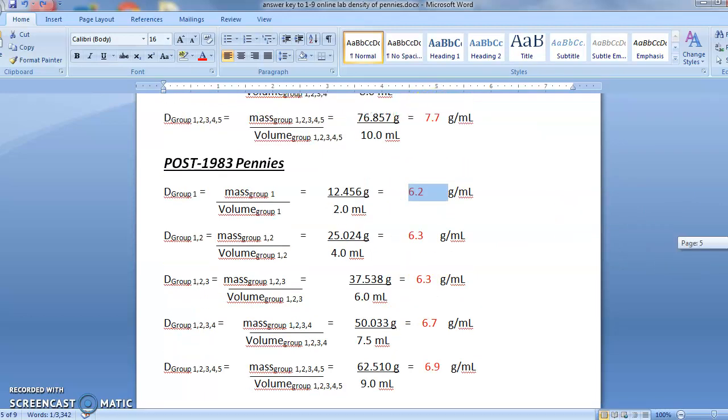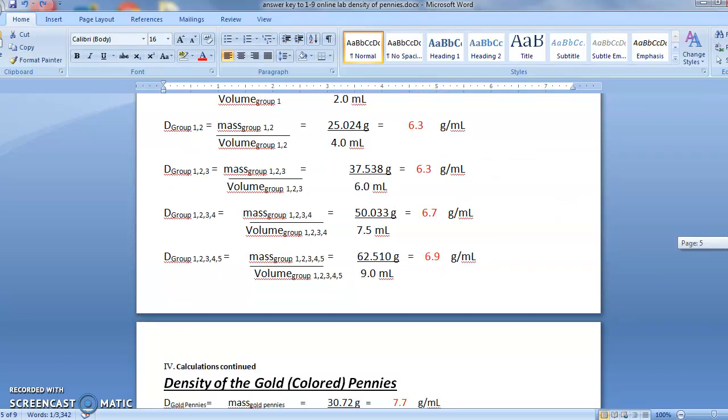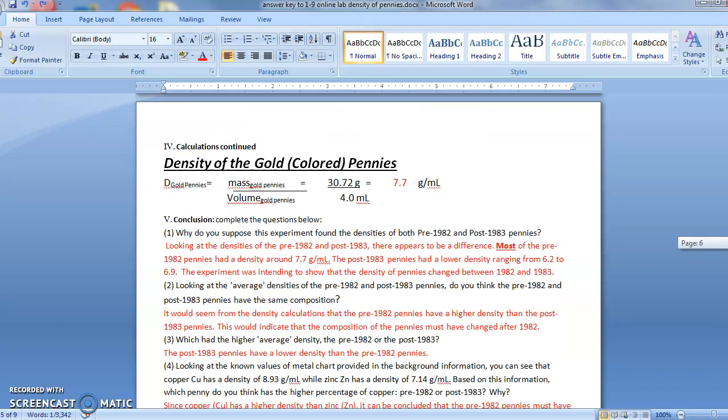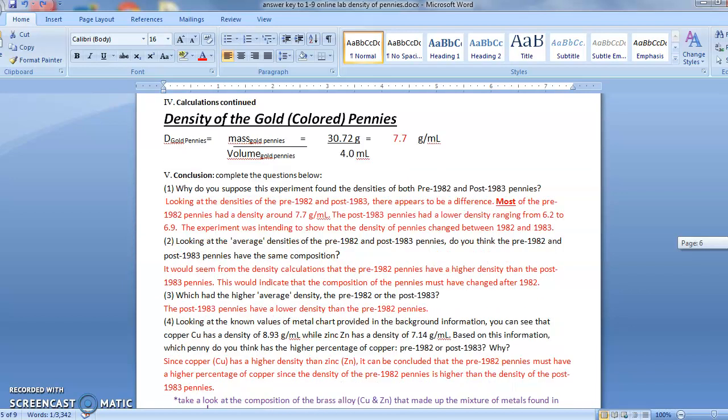So even with the difficulty in reading the volumes, it looks like the density of the pre-1982 and post-1983s are different. When we look at those, what can we conclude? Looking at the average densities, do we think that the pre-1982 has the same composition as the post-1983?